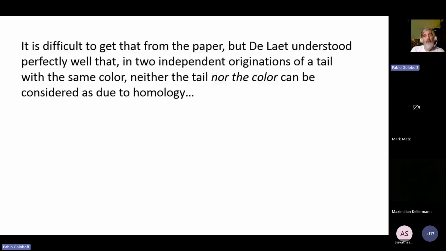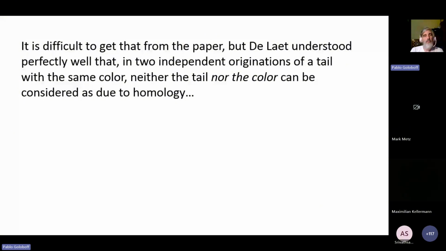So it's difficult to get that from the paper, but something that Delaet understood perfectly well right from the start, and I finally understood this in conversations with him many years after he published his paper, is that in two independent originations of a tail with the same color, neither the tail nor the color can be considered as due to homology.